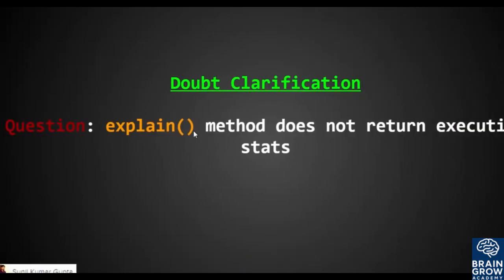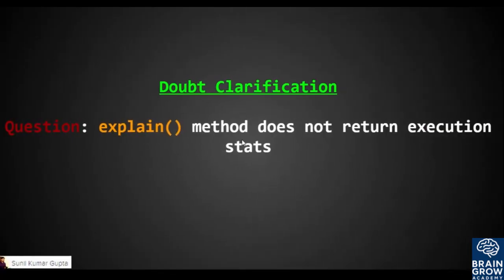To get the execution stats, we use the explain method. But sometimes, depending on the kind of server or MongoDB version you use, if you use the explain method plain, without anything, it may not return the desired execution stats.